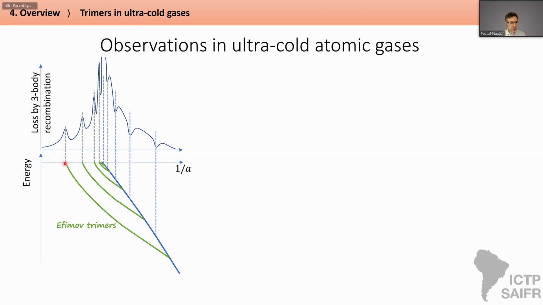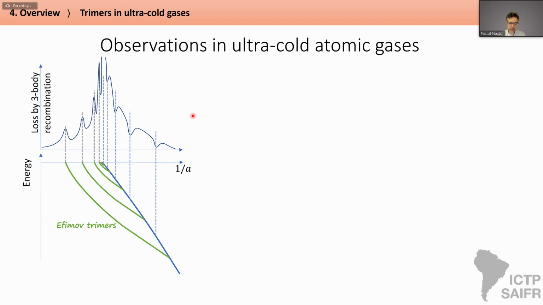So we can go further than these previous examples that I showed you, and we can explore this whole spectrum. What has been done a lot is to look at the three-body recombination rate. And this enables us to see signatures of these ephemeral trimers.